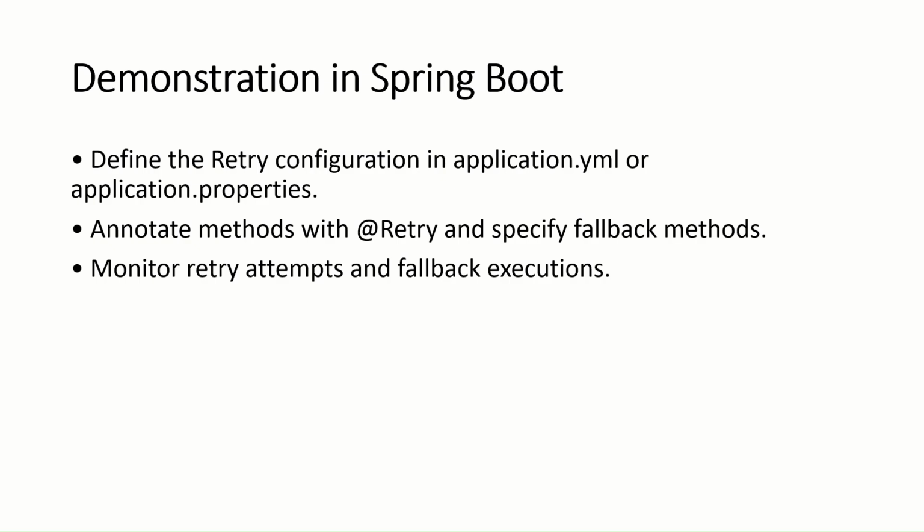For the retry, we configure something in the application properties file, and we create a fallback method. We also put the @Retry annotation on the method which is calling the third-party API. Don't worry about these things, I will show you the whole picture with the practical implementation.